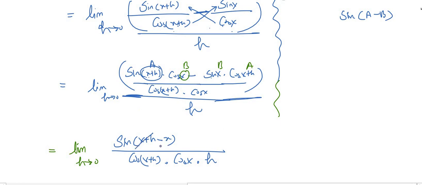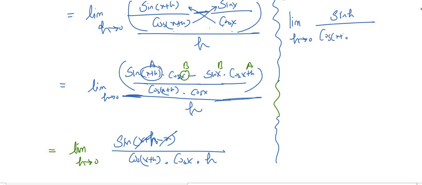So this x and this x will cancel. What I am getting here is the limit as h tends to 0 of sin h, divided by cos of x plus h into cos x into h. And what is this formula?